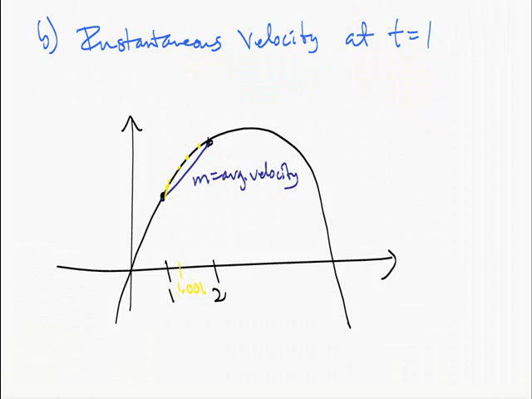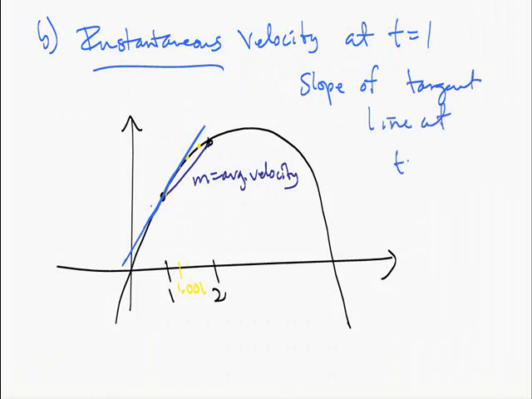And so that's going to be getting closer and closer to the actual velocity of the arrow at that point. What's the actual velocity of the arrow? The instantaneous velocity is the slope of the tangent line. So that's going to be the slope of the tangent line at t equals 1 on our graph.